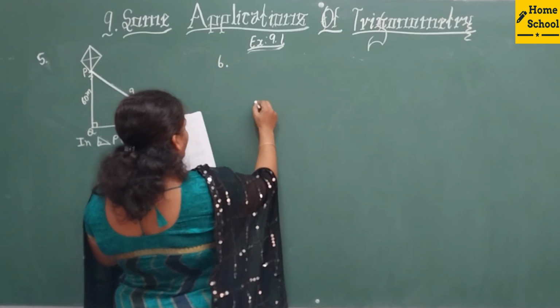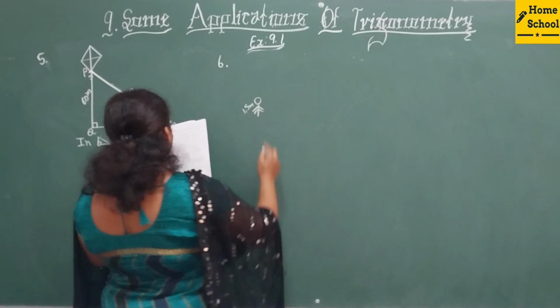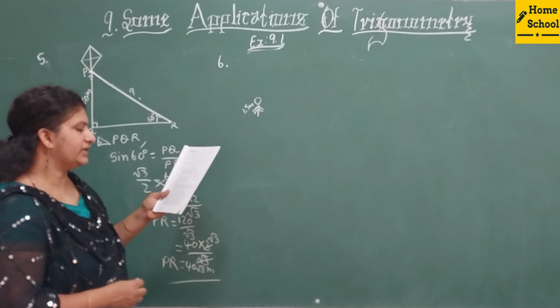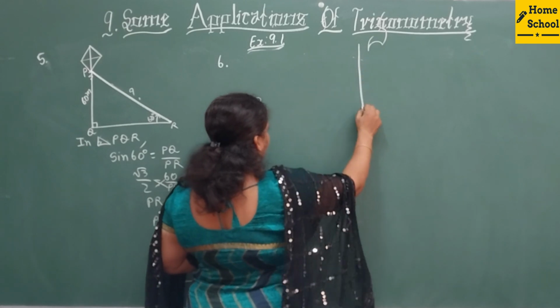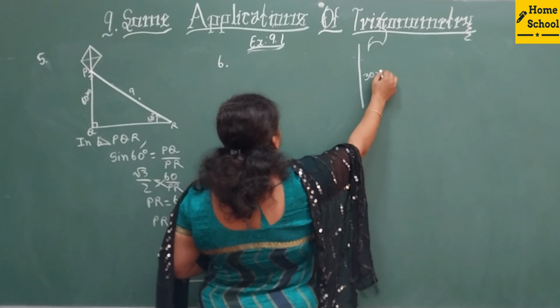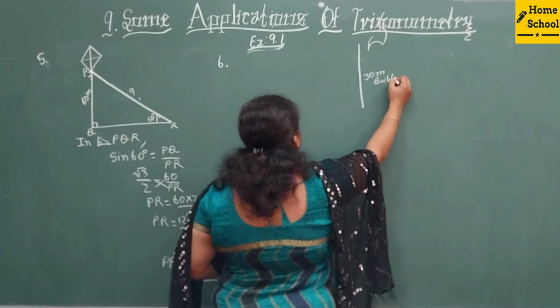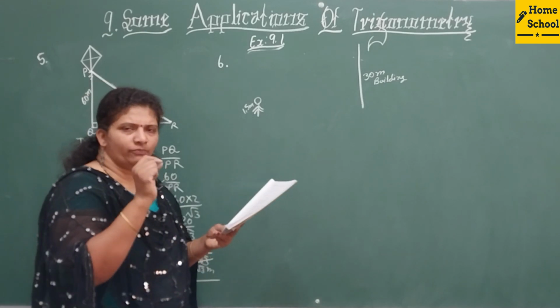A 1.5 meter tall boy, imagine a 1.5 meter tall boy is standing at some distance from a 30 meter tall building. This fellow is standing here and this is the 30 meter tall building, you can imagine. Angle of elevation from his eyes, very important point here.